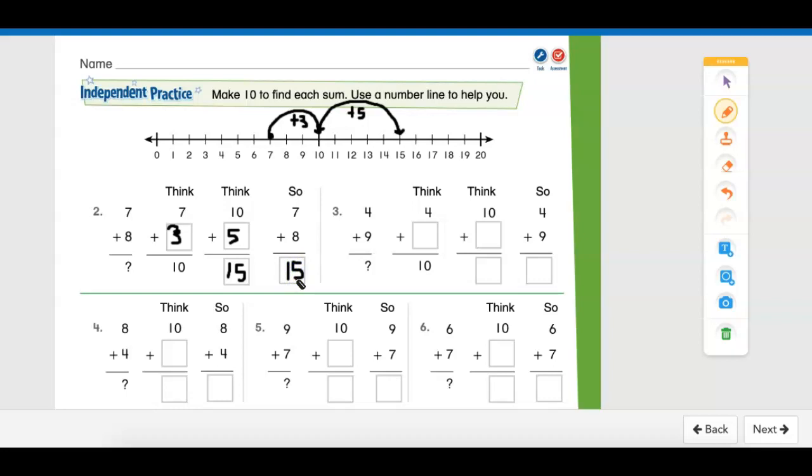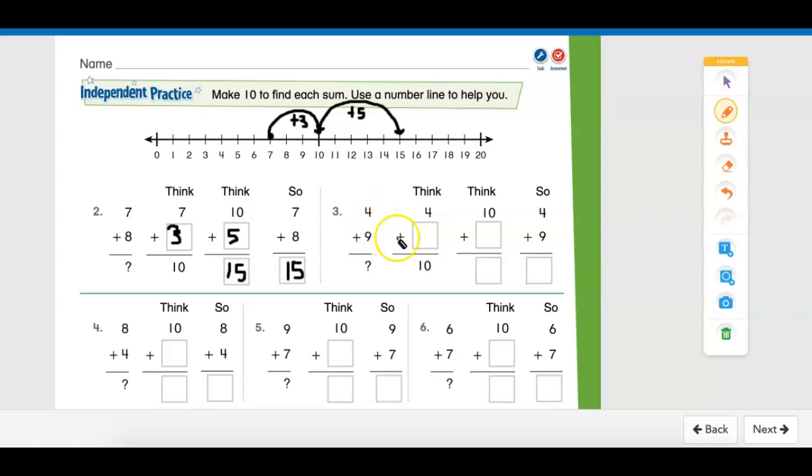So for the next problems, you will need to make 10 to find each sum. So if you need any help with those problems, you can look back on how we completed number 2, how we completed our guided practice, or our video.